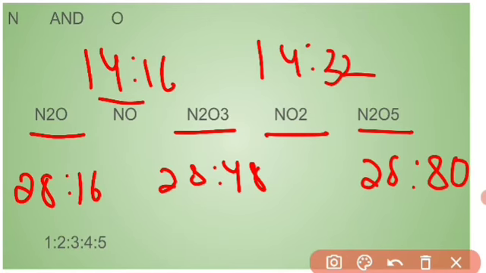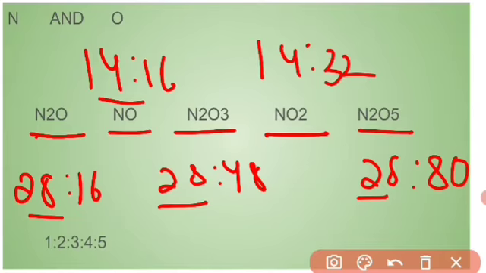Now you can see nothing is the same. Neither nitrogen is fixed nor oxygen is fixed. What will you do now? For this, you should first make one element fixed. We will make nitrogen fixed at 28. In 3 cases it is already 28.